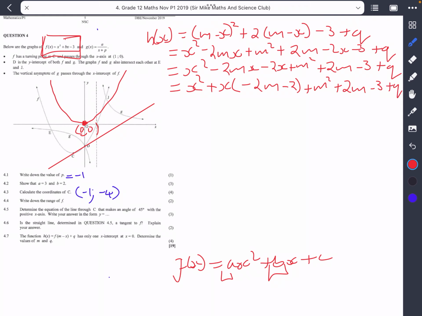Now remember that immediately after I find the value of m, this would just be a number, this would just be a number, and this would also be just a number. So this whole thing that I have here would actually just be this part of c, because that is just a constant value.